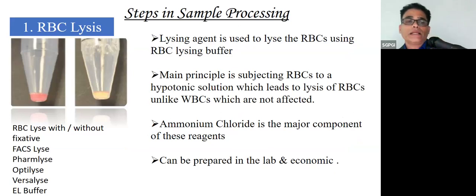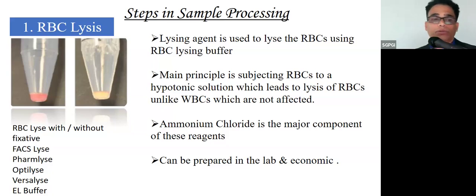There are many lysing reagents available. While dealing with them, make sure you know there are types of lysing with and without fixative. If you are going for the bulk lyse-wash method, you can use only RBC lysing without fixative; that is preferable.